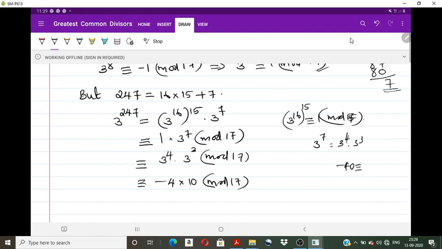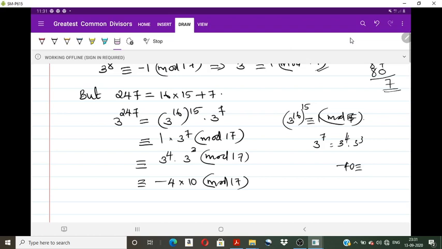Minus 40 is congruent to, we know that minus 34 is a multiple of 17. The next multiple after 34 is 17 into 3, that is 51.